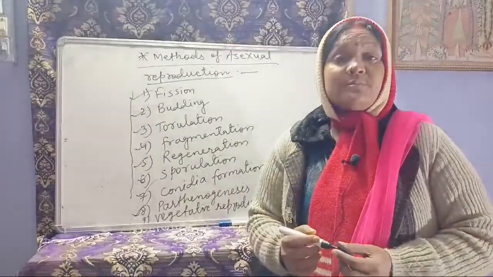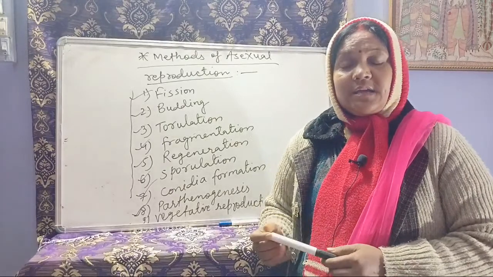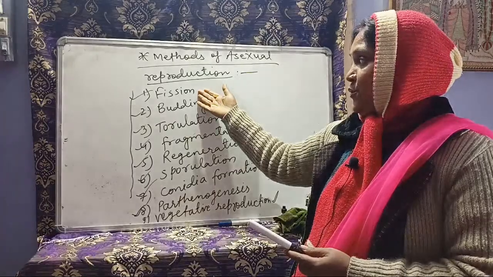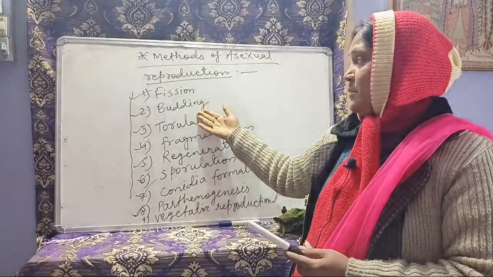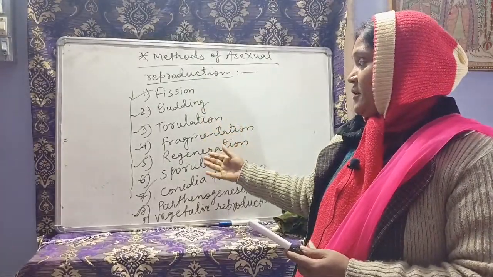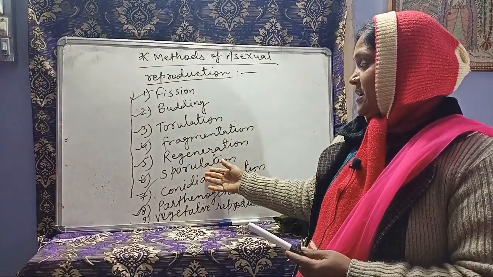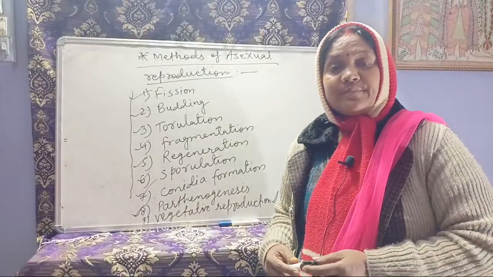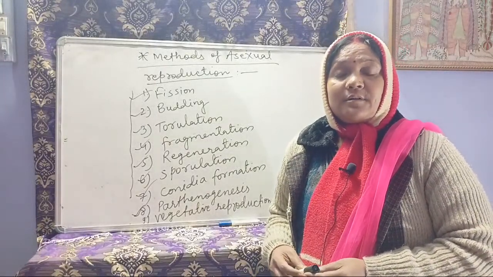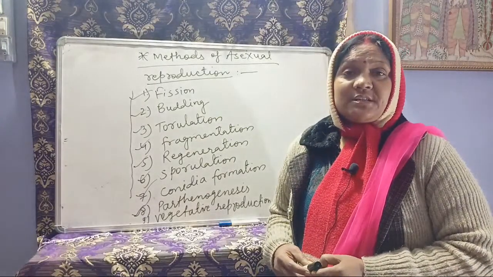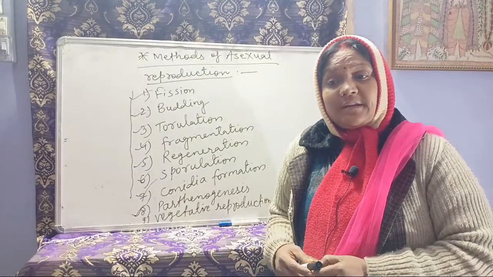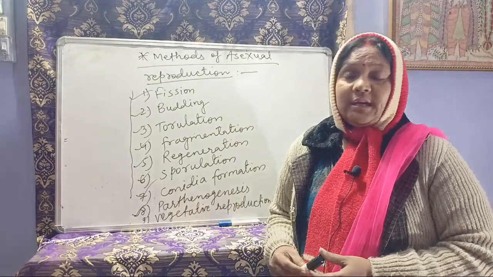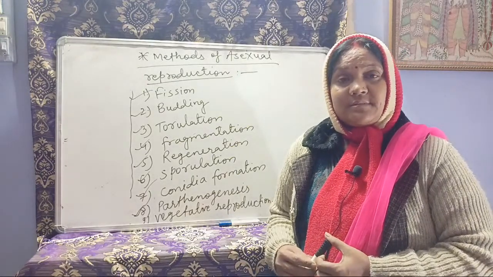In lower organisms, asexual reproduction takes place through fission, budding, torulation, fragmentation, regeneration, sporulation, conidia formation. Vegetative reproduction takes place in lower organisms or in higher organisms.